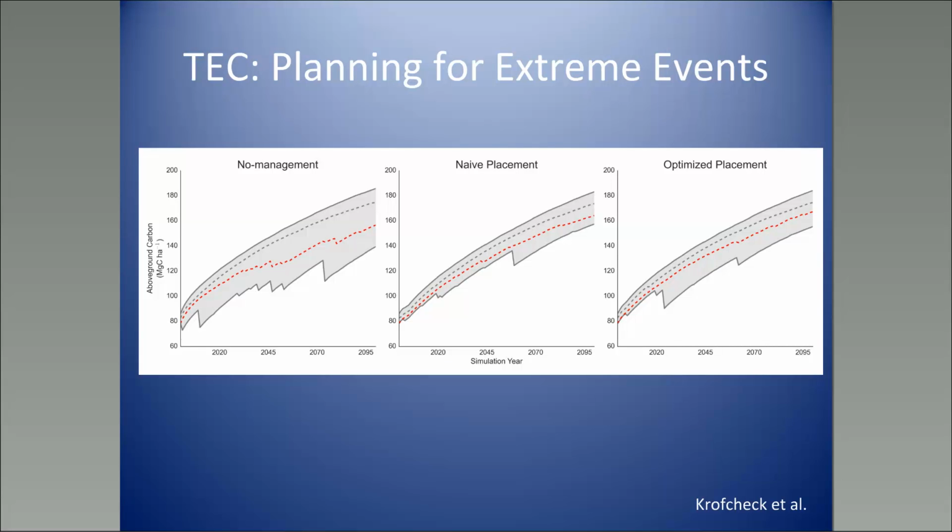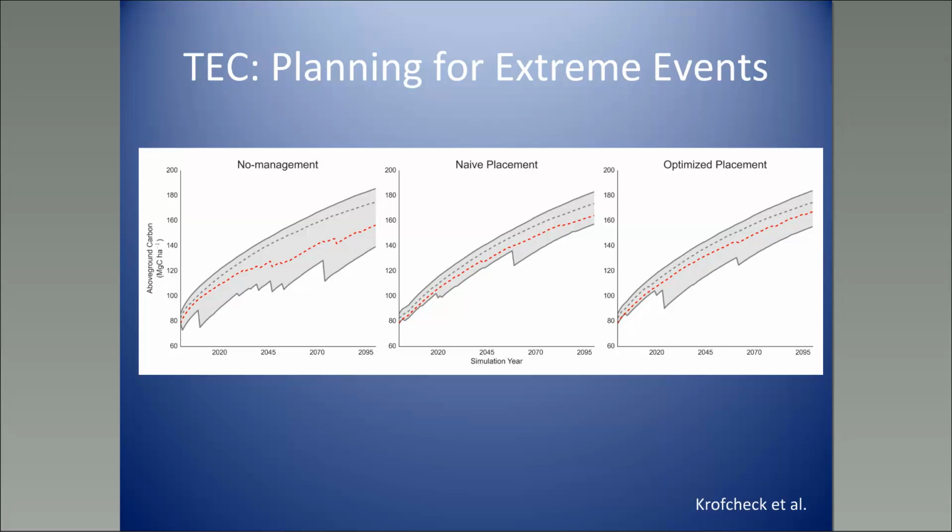The bottom is the minimum value. The gray dashed line is the median value. And then the red dashed line is the lower 95% confidence interval. And so the thing I really want you to focus in on here is the distance between the median line and the lower 95% confidence interval line.